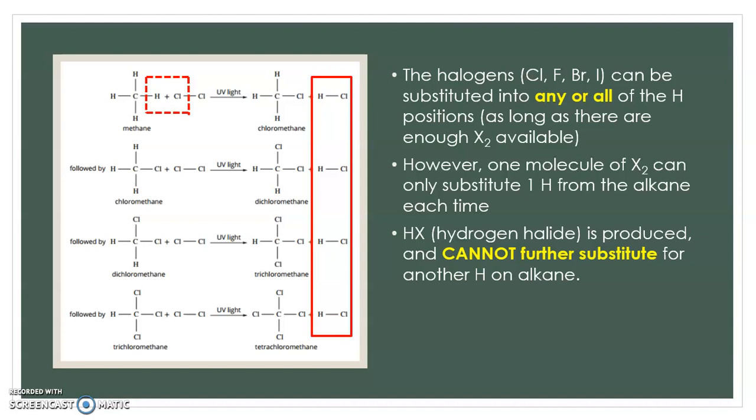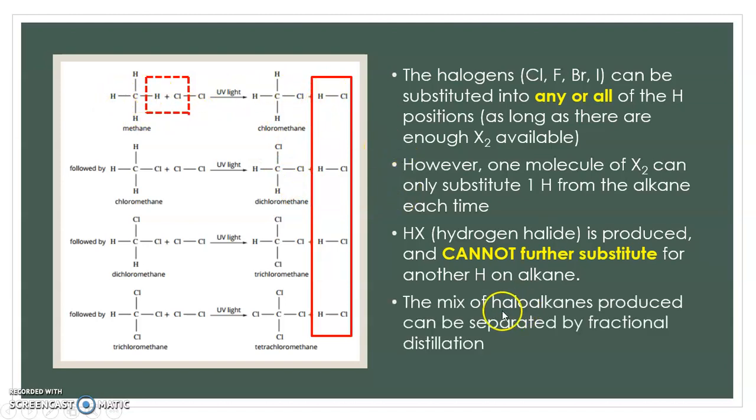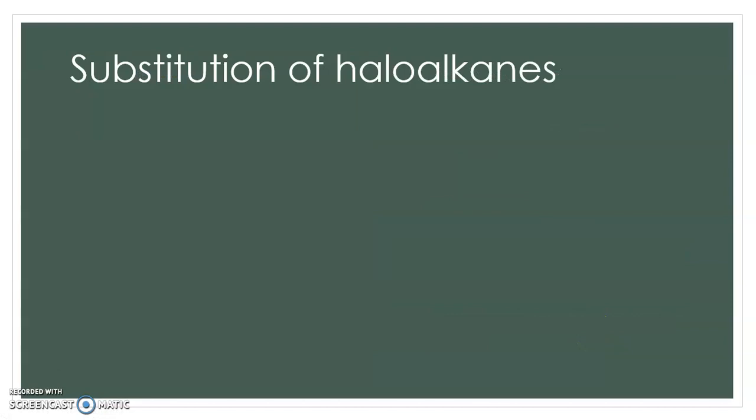Okay, so the second step of the reaction doesn't start until the first step has completed. If at the end you have a mixture of haloalkanes as your products, then they can be separated by fractional distillation. Once we have haloalkanes, then we can further substitute them to produce more exciting stuff.